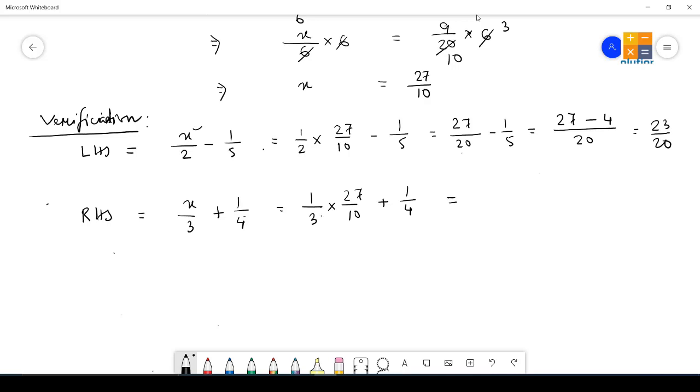After that, it is very clear that we can perform cancellation here, and I get 9 by 10. After cancellation of 27 by 3, I am getting the first fraction as 9 by 10 plus 1 by 4.